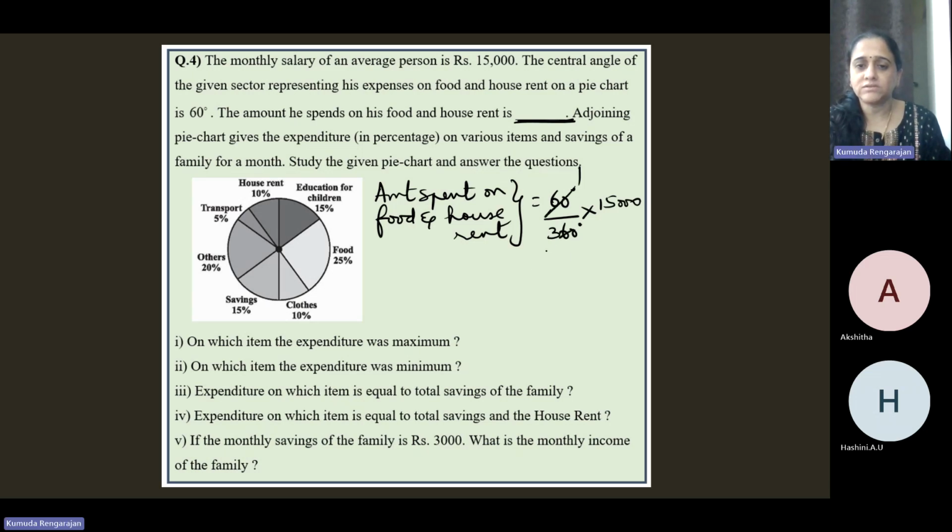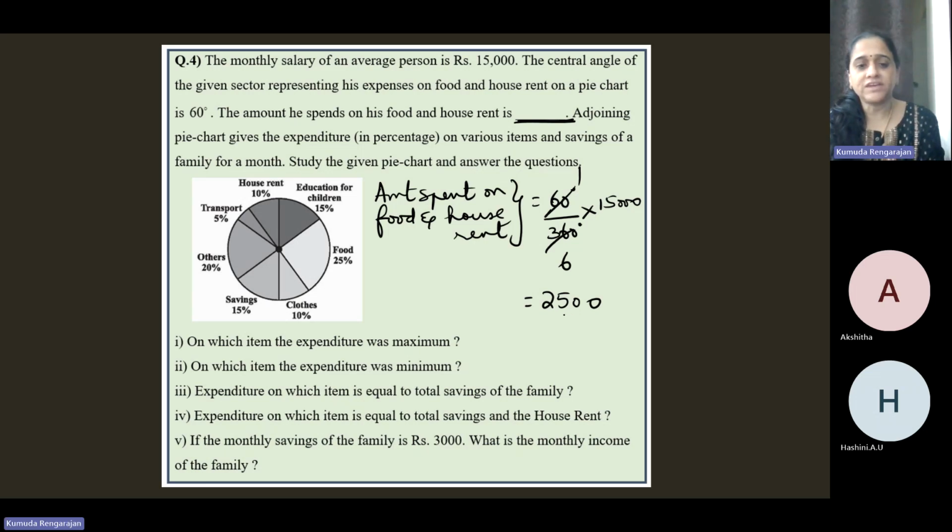That is 15,000 divided by 6. 25 into 6 is 150, so 2,500. The amount spent on food and house rent is rupees 2,500.